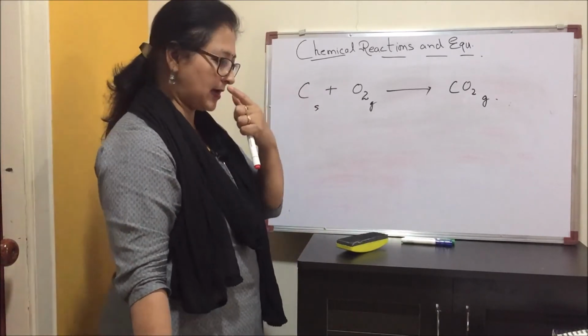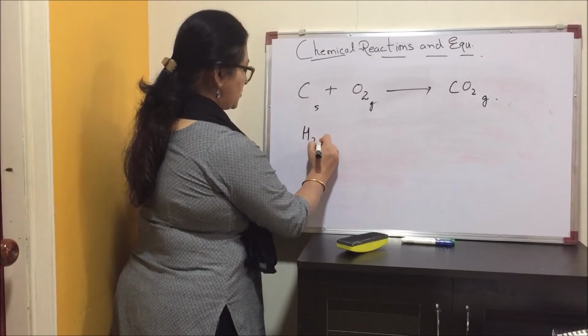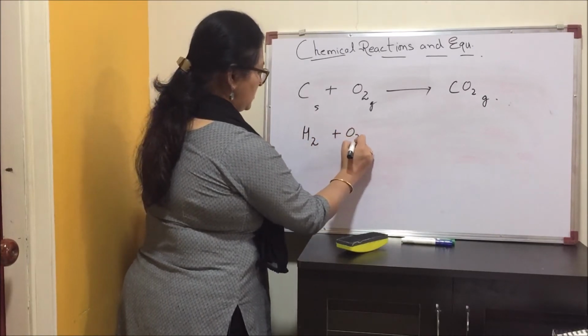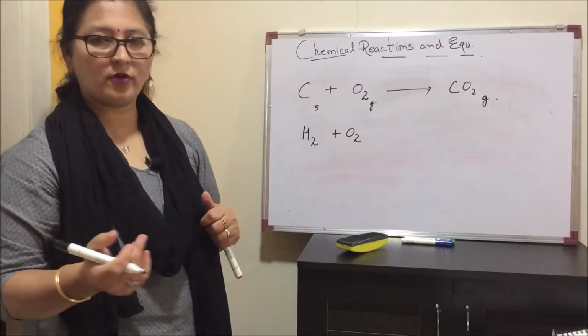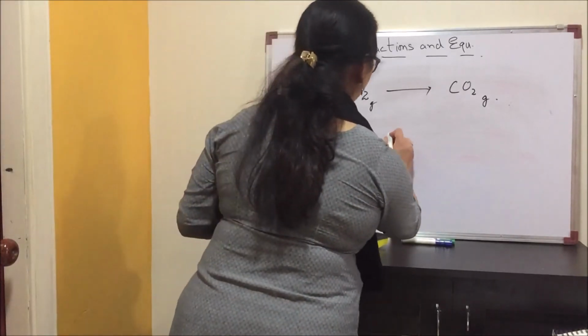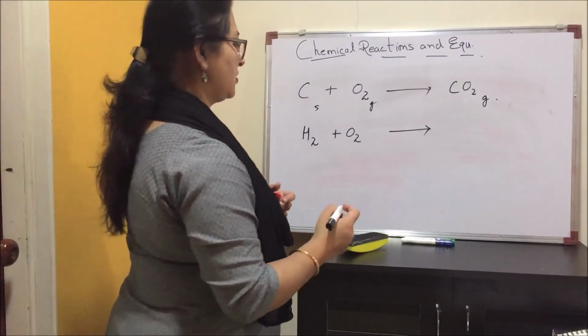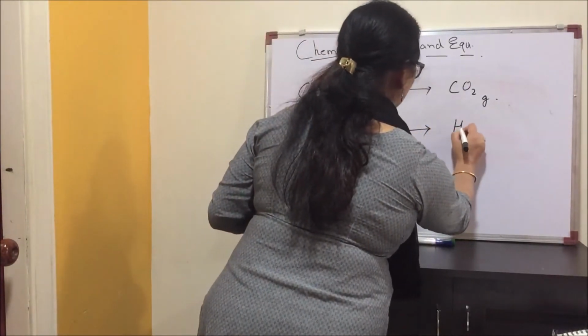What is the next reaction? Hydrogen plus O2, H2 plus O2. Children, what will form? Hydrogen and oxygen, when combined together, what is formed? This is the perfect example of a chemical reaction.